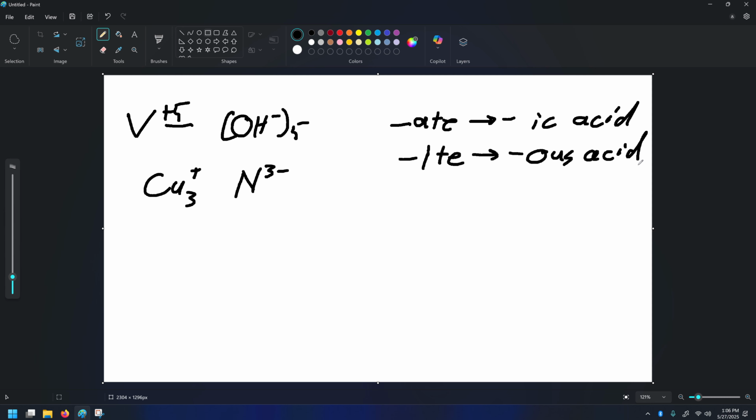And so, because we had perchlorate, just going to redo that. Forgive the terrible handwriting, which is exacerbated by drawing on this weird tablet thing I have.